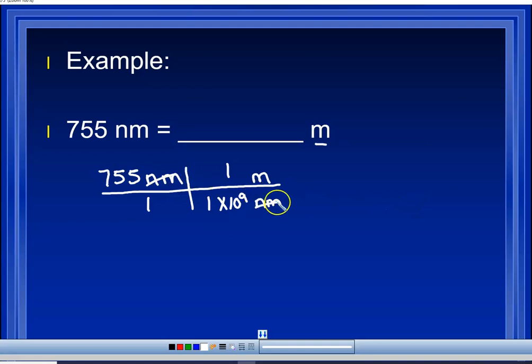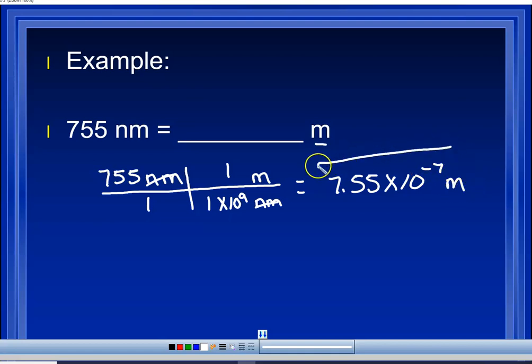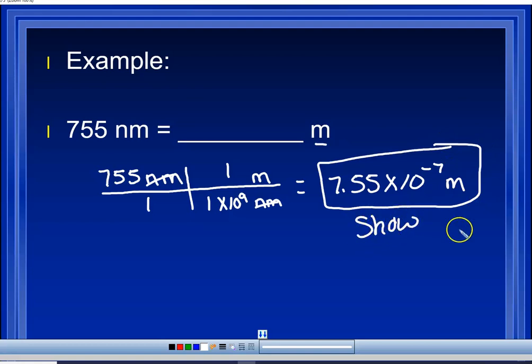So this will cancel. So I end up dividing 755 by 1 times 10 to the 9th. So you're going to get 7.55 times 10 to the negative 7th of a meter. So I'm wanting you to show that on your test and in lab for your lab notebook.